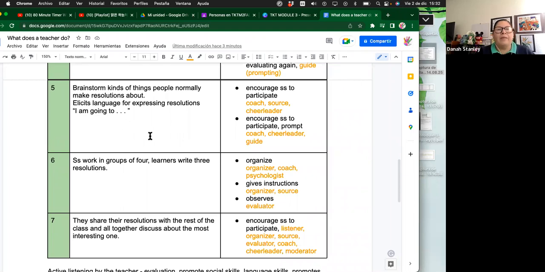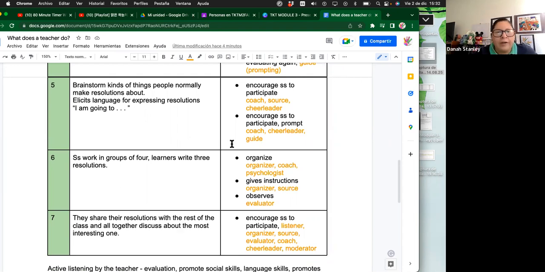And he or she elicits the grammatical chunk of going to, to express intentions for the future. Because I'm going to be eliciting, I'm going to encourage the students to participate. I'm going to be the coach, the source, and the cheerleader. Again, coach, cheerleader, and guide.